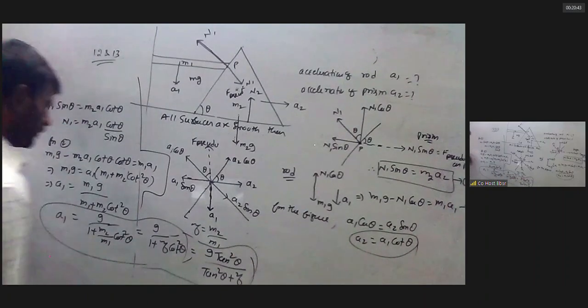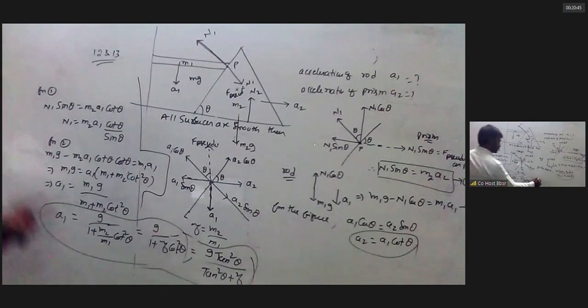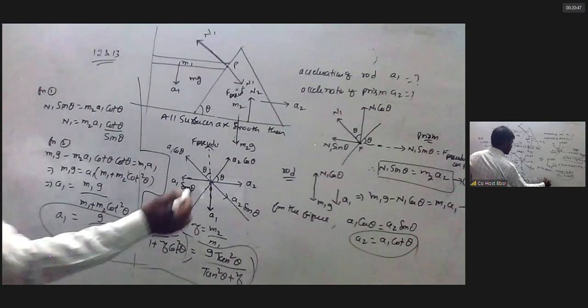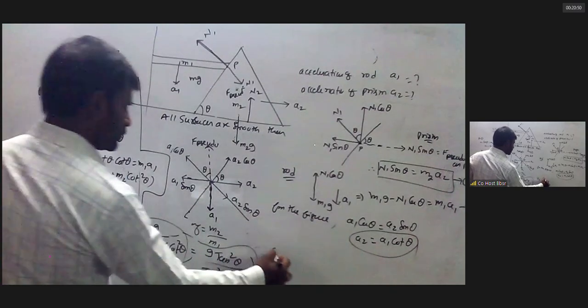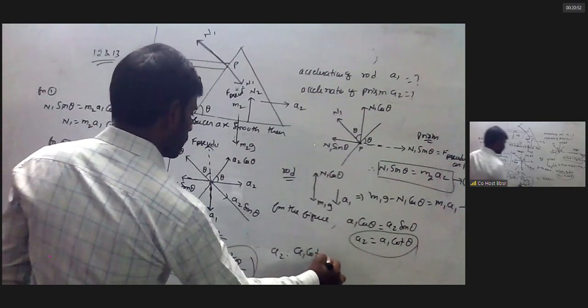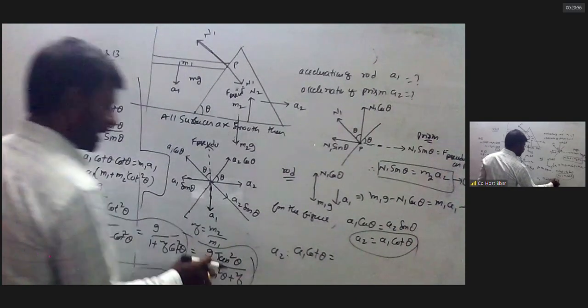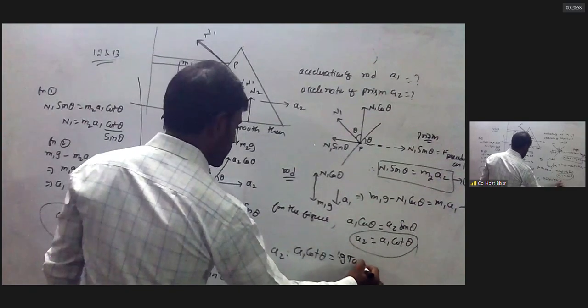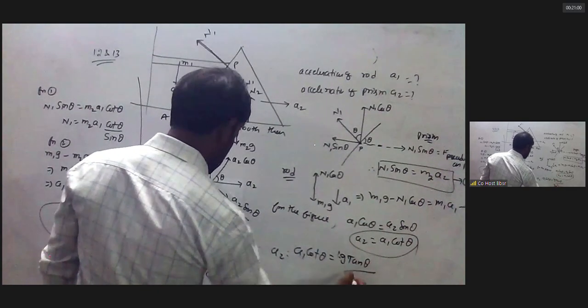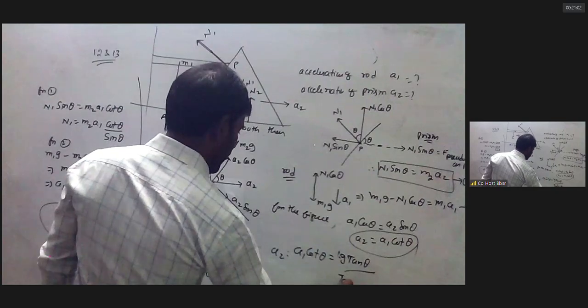If you know A1, then A2 equal to A1 into cot theta. A1 into cot theta means G tan square theta into cot theta. So G tan theta upon tan square theta plus eta.